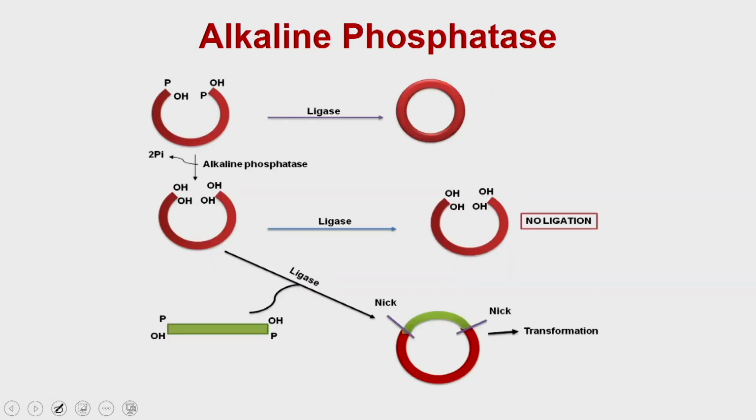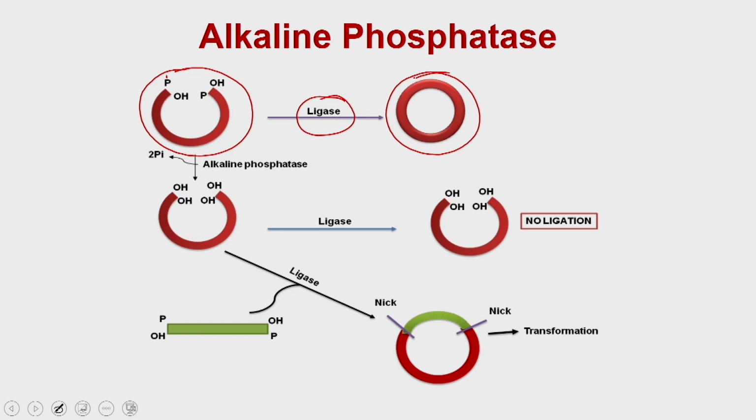What we are trying to say is that if you have a plasmid which contains the phosphate and OH both, and suppose you put the ligation reaction, this OH and phosphate will come together and will give you the ligation product, or the recircularization of the plasmid.